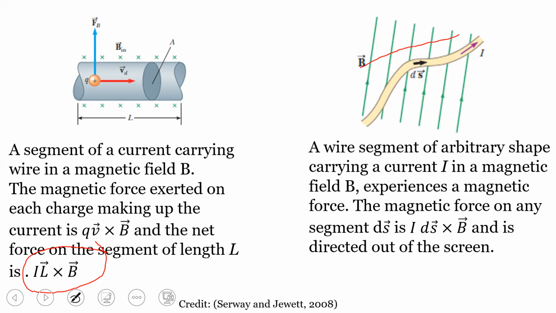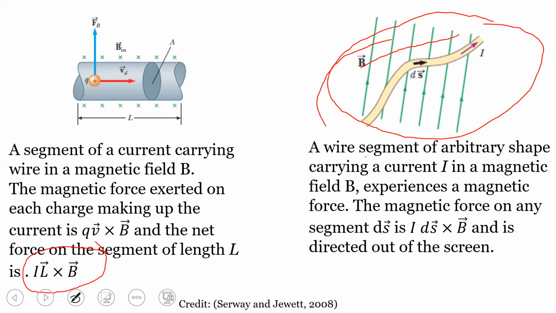So what we have here is just similar to what we have here to say that a wire segment of arbitrary shape, that is the yellow line is the wire segment, of arbitrary shape carrying a current I in magnetic field B experiences a magnetic force.